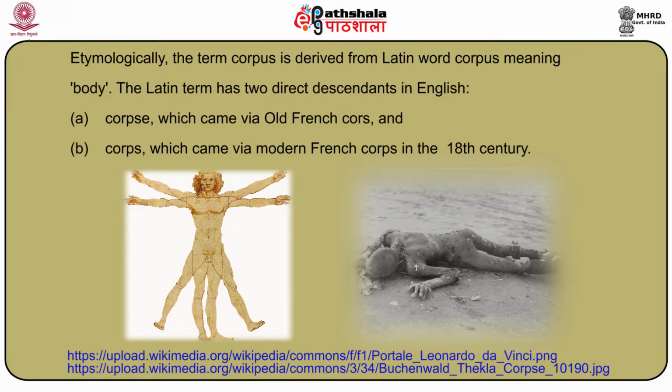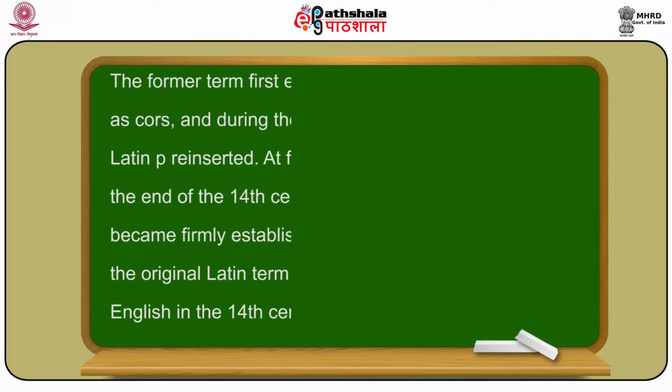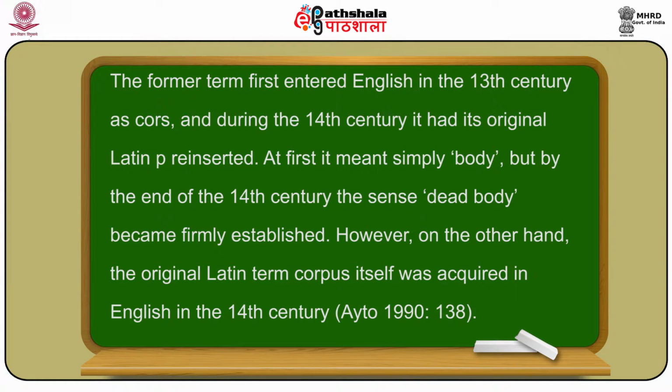Now, this term has come down to English in two different ways. One is corpse, which came via Old French cors, and another is corpus, which came via modern French in the 18th century. The former first entered English in the 13th century as cors, C-O-R-S, and during the 14th century it had its original Latin P reinserted.